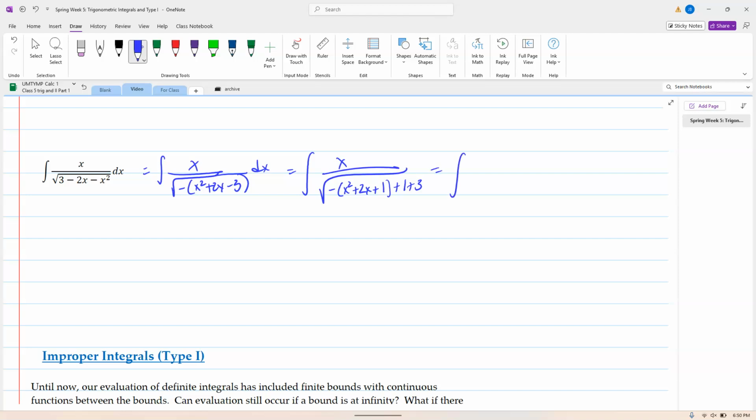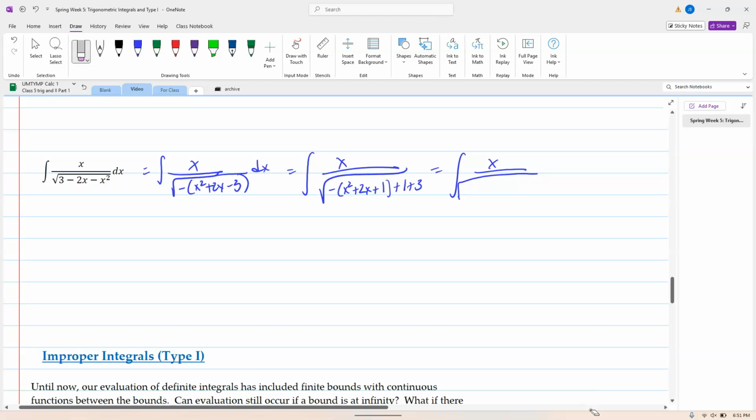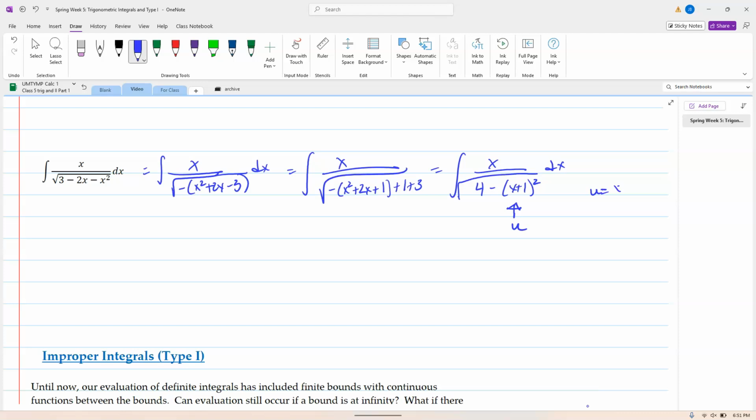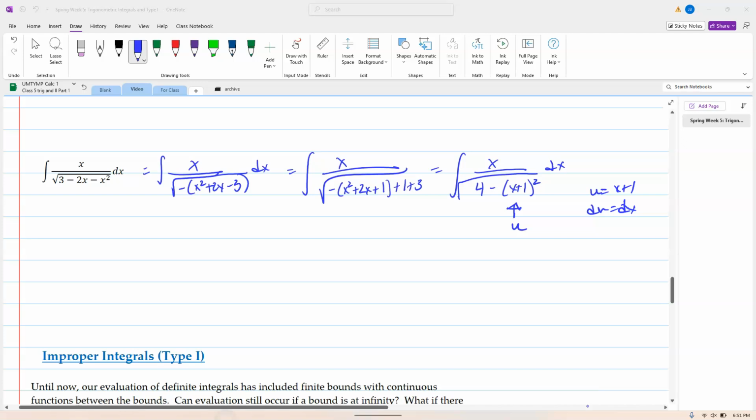Okay, so in all I'd have something like x plus 1 squared, negative, underneath the square root, plus 4. Rearranging that for a little bit of clarity, it'd be 4 minus the quantity x plus 1 squared dx. Oh, and then I can do this as a u, right? So u is equal to x plus 1, du is equal to dx. Okay, what do I get after that?